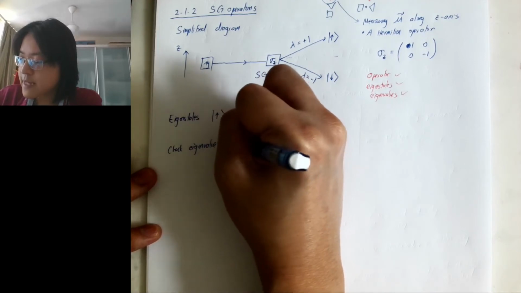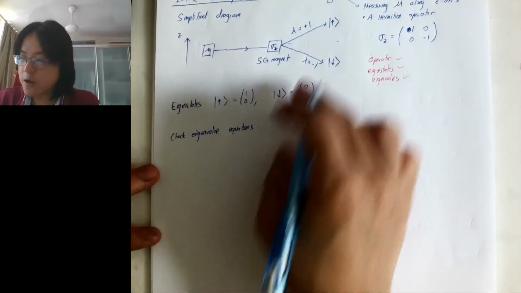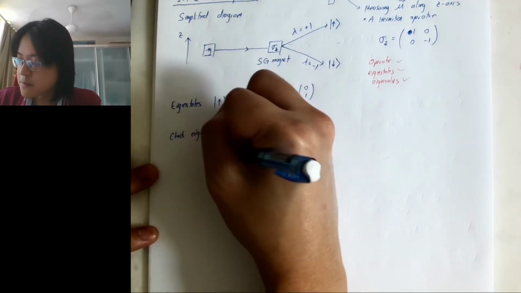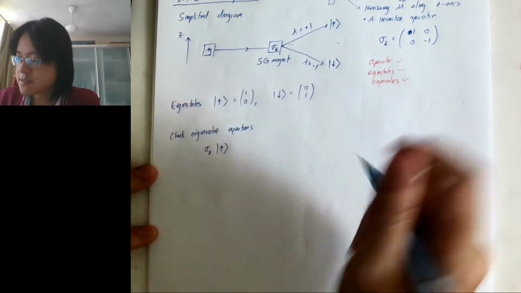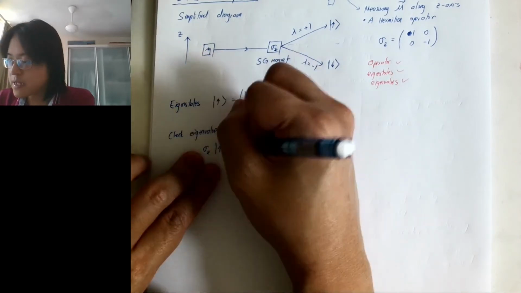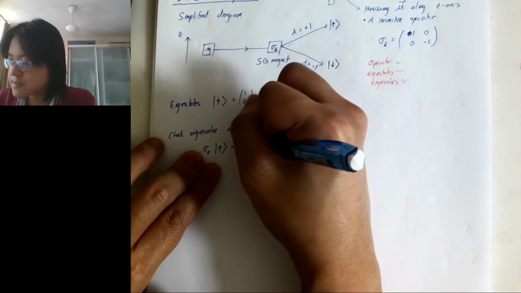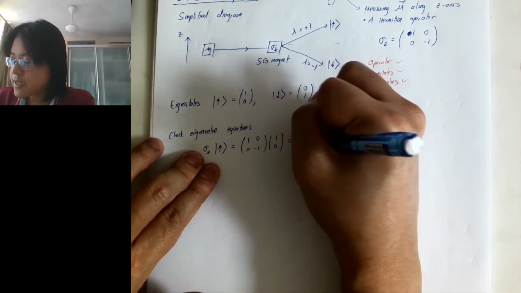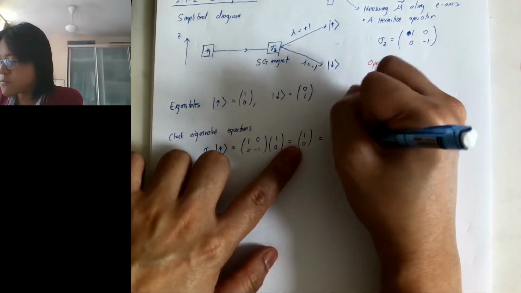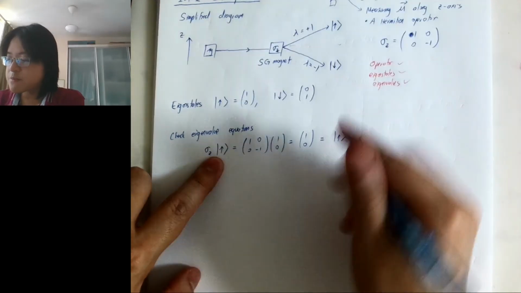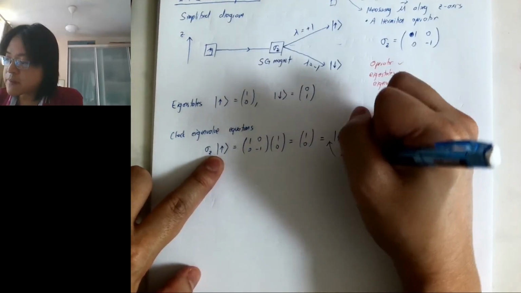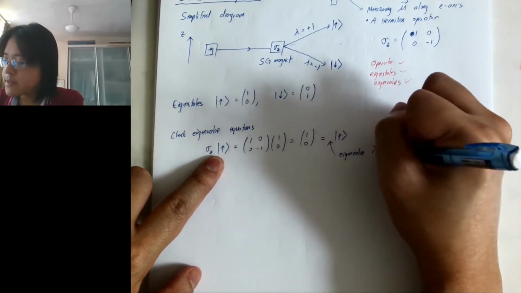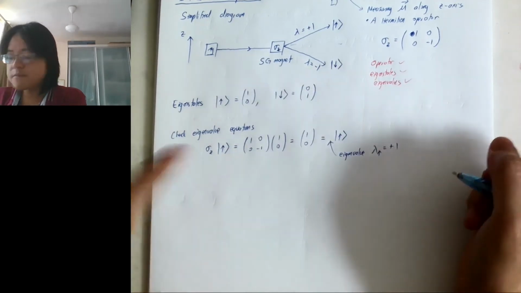We have done this in the examples already, but now we are really focusing on it, so it's worth doing again as practice. So this times this gives you what? 1 0 0 negative 1 times 1 0, so you just get 1 0 again. You come back to the same vector as before, and this is just plus 1. So the eigenvalue for this is plus 1.